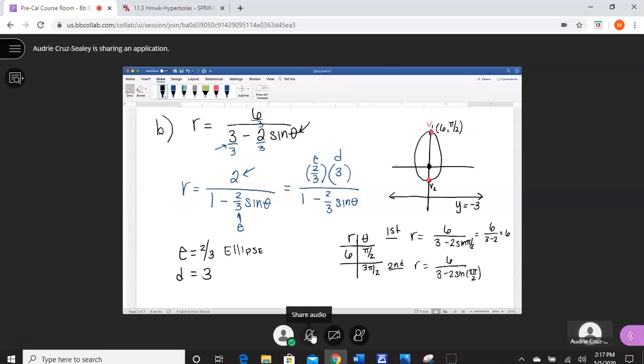Negative 1. So you have negative 2 times negative 1. Wouldn't that just give you 3 plus 2? Which gives you 6/5. So 6/5, 3 pi over 2 is your other vertex. That's your V2.